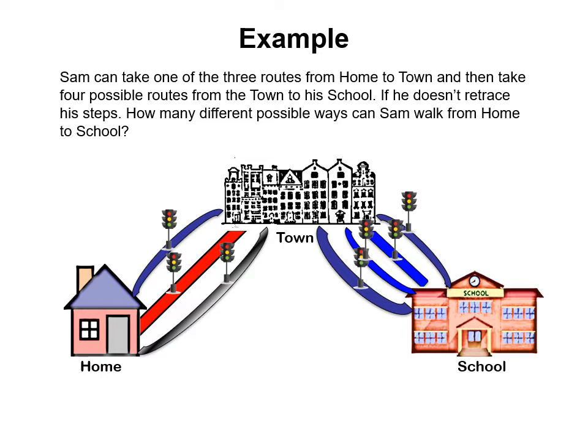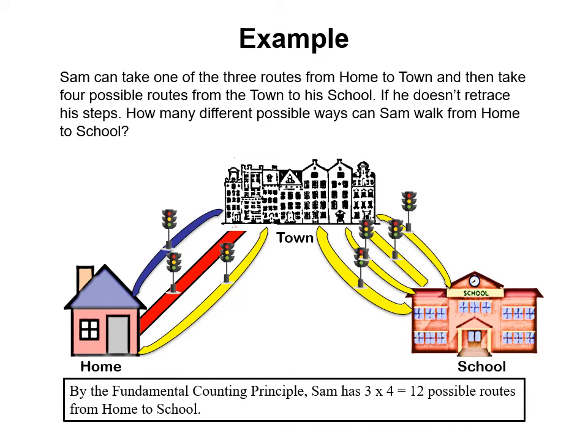Similarly, the second route he can take with each of the 4 routes we have, or the third route with each of the 4 routes we have. So 4 plus 4 plus 4 is 12, or it's the same as 3 times 4, that's 12 possible routes from home to school.